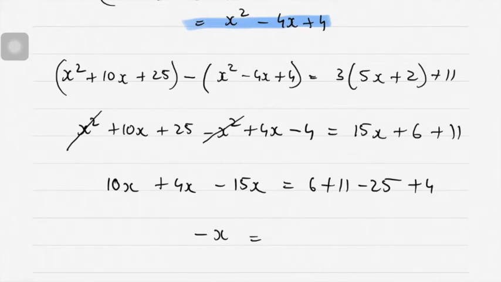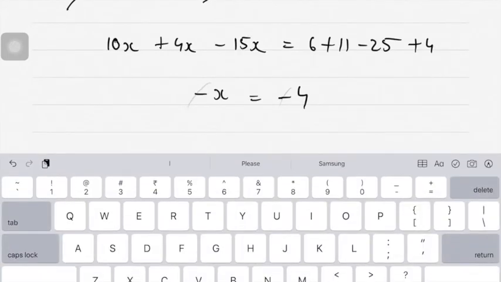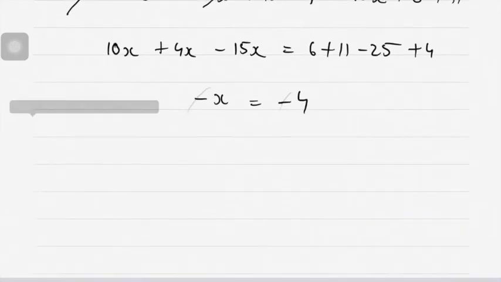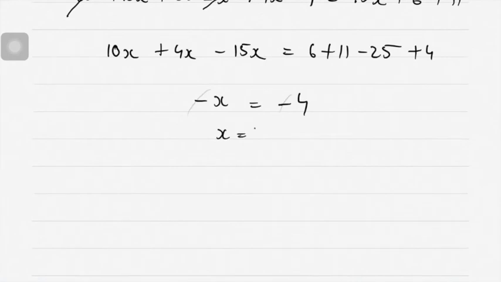So plus 21 minus 25 will become minus 4. Correct? Okay. So minus minus I'll cancel it. Okay. So x is equal to 4.